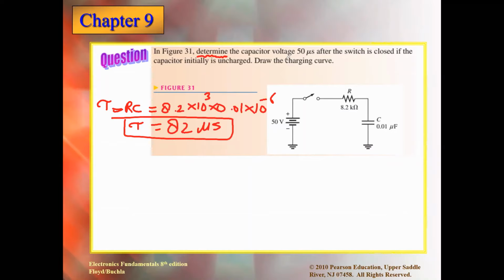Now, what else is given to you? They are asking how much this capacitor will charge in 50 microsecond. So time is given. Other than this, initially the switch is open.